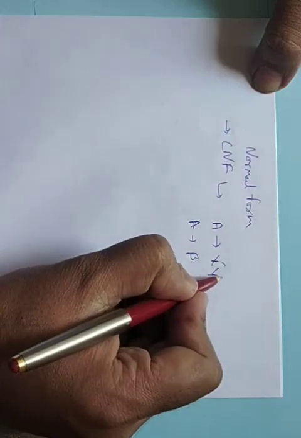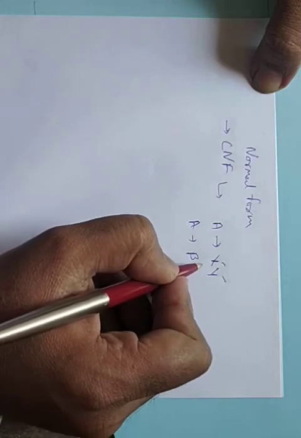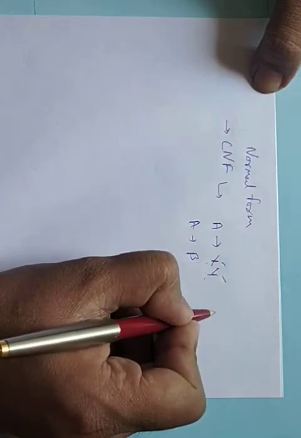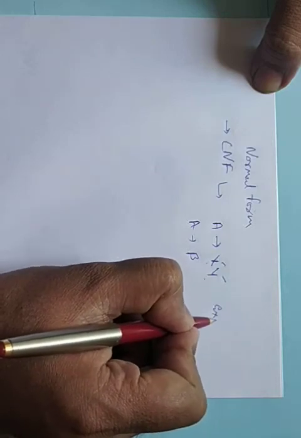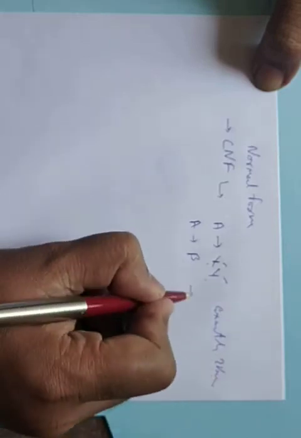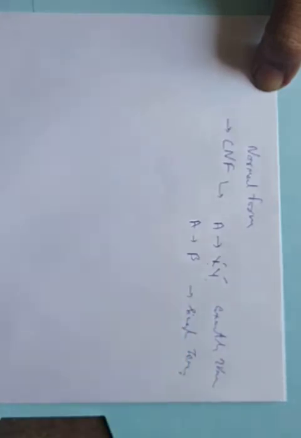Here X and Y are two terminals, which means any production will be either in two variable format, exactly two variables, or single terminal format.